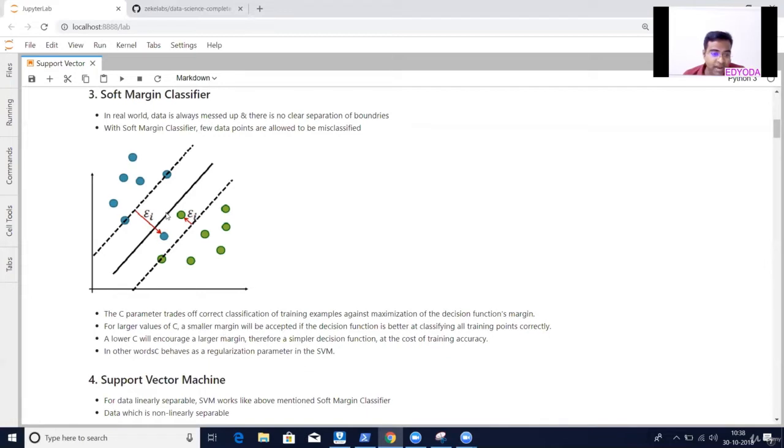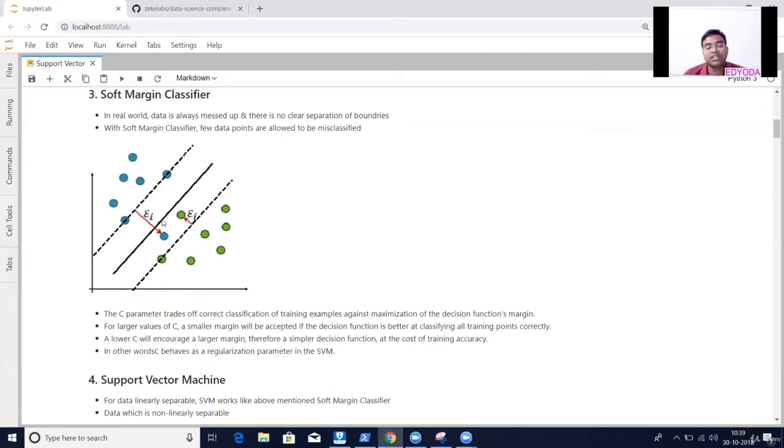That means if you increase the value of C, you allow less misclassification, and if you decrease the value of C, you allow more misclassification. Thus, your model is much more generalized. This is what the soft margin classifier is, and based on this, your support vector machine fundamentally works.